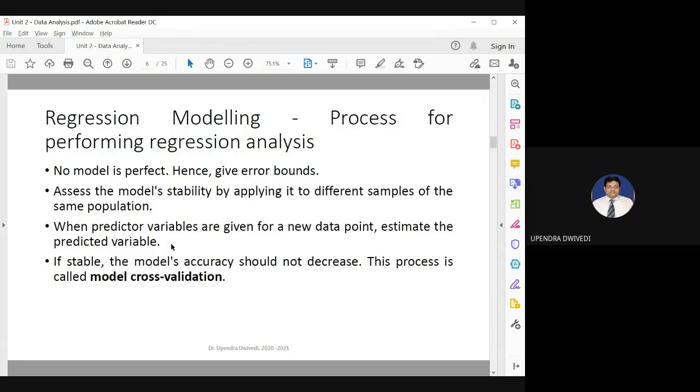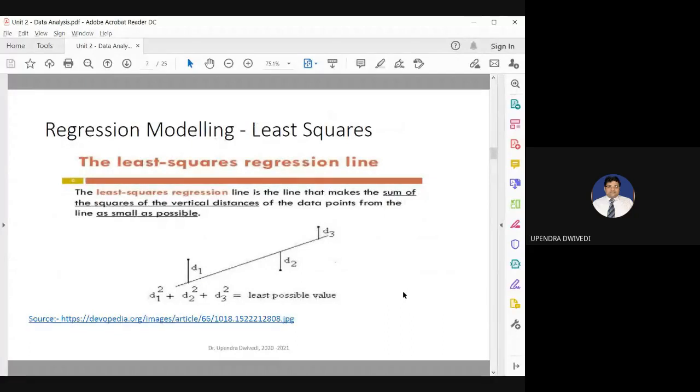The process is called model cross validation. I will leave model cross validation for the upcoming sessions, but if you want to check that your model is providing good accuracy or not, you can perform model cross validation.